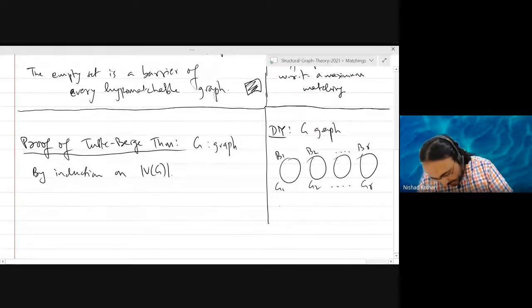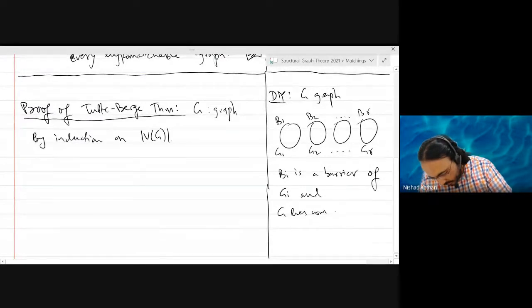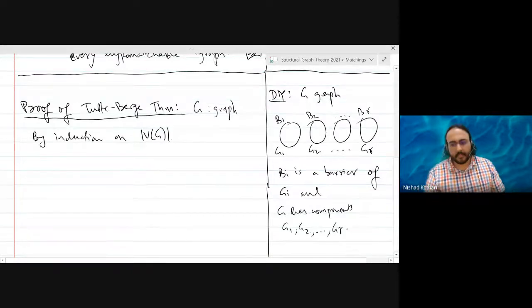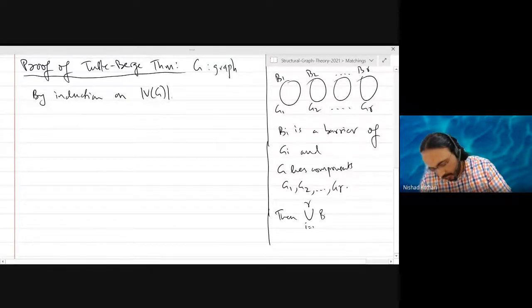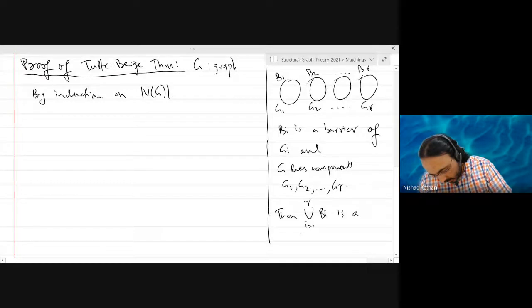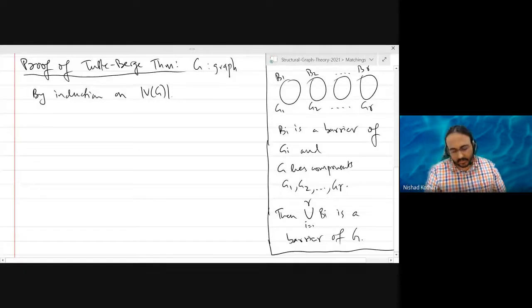So let's say Bi is a barrier of Gi, and G has components G1, G2 up to Gr. Then you can prove that if you put all the barriers together, you take their union, then this will be a barrier of the whole graph. Okay, that's a very straightforward exercise using just the definition of a barrier.